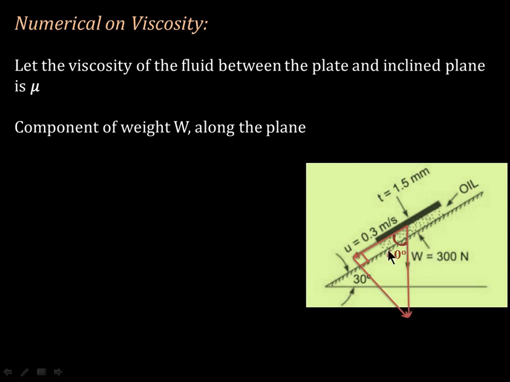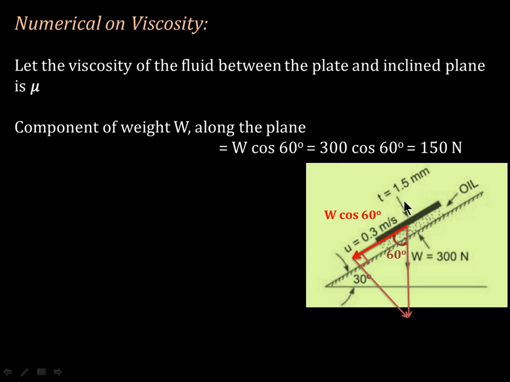As we are interested in the component along the movement of the square plate, the value of this component of the force becomes W cos 60, because it is the adjacent component. So W cos 60 equals 300 cos 60.